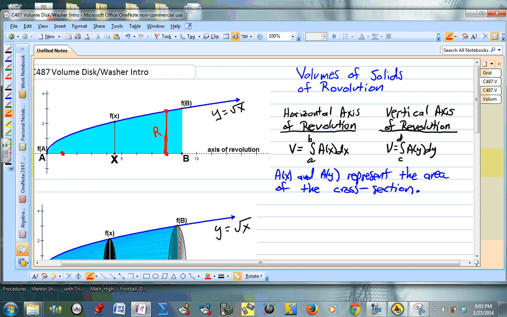But if we drew the radius segment from the axis of revolution to the end of the shaded region near the origin, our radius is quite a bit shorter. So you see that the length of the radius changes as x changes. This means that the radius is a function of x. And we'll express the radius as r of x, the radius as a function of x.